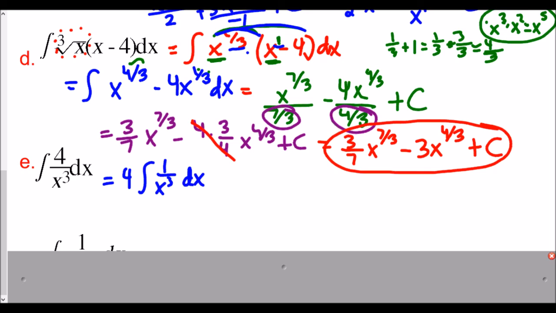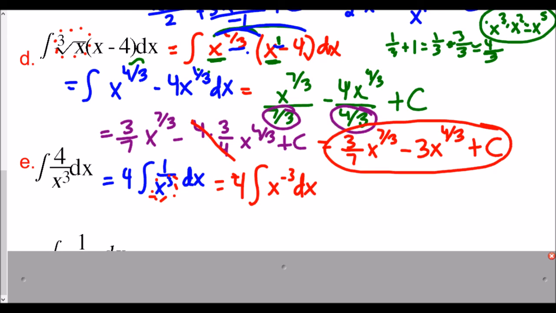Okay. So when we look at that, what's happening before we have to integrate, this x in the bottom is a problem. So we need to move it up. And how we can move it up is with a negative exponent. So we still have 4 times the integral. Now it's x to the -3 dx.